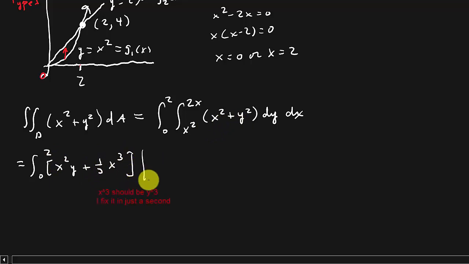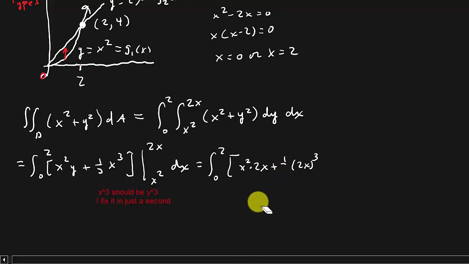And that is going from x squared to 2x, dx. So let's see what that gives us. That's going to give us 0 to 2. And we're plugging the 2x in for y, so that's x squared times 2x plus 1/3 times 2x cubed.